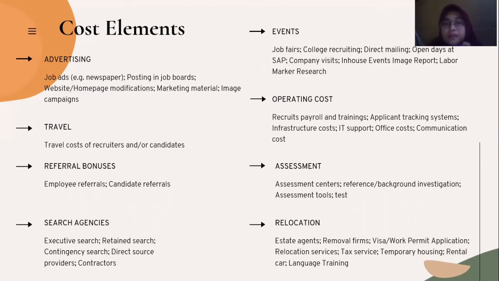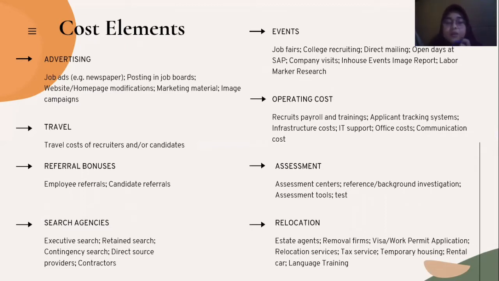Events like job fairs and etc. Operating costs like recruiter payroll and training, applicant tracking system, infrastructure costs, IT support, office costs, communication costs. The next, assessment costs: assessment centers, reference or background investigation, and also assessment tools and tests.